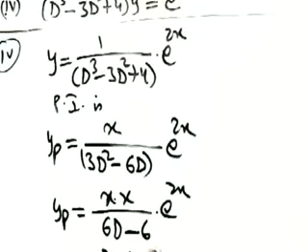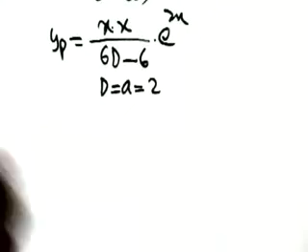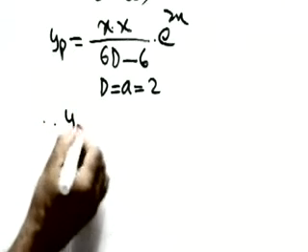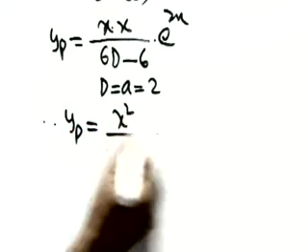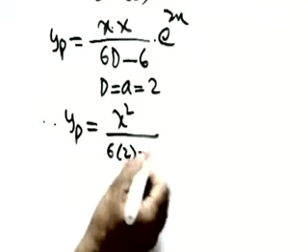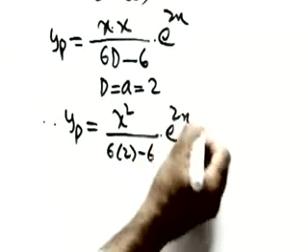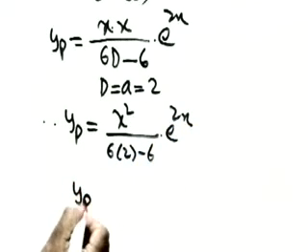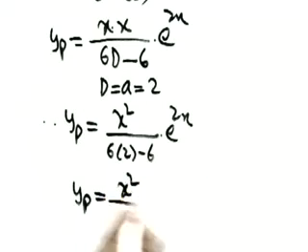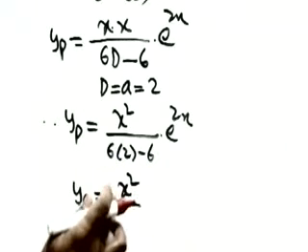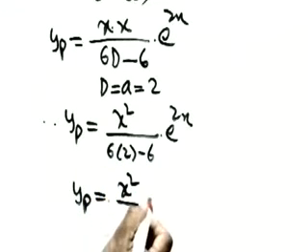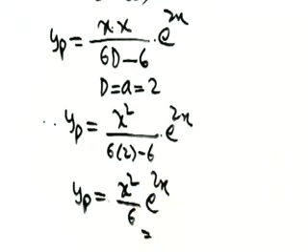Now substitute D equals a, and a is 2 here. Therefore yp equals x squared by 6 into 2 minus 6, into e power 2x. So you get yp equals x squared by 12 minus 6, that is x squared by 6, e power 2x.